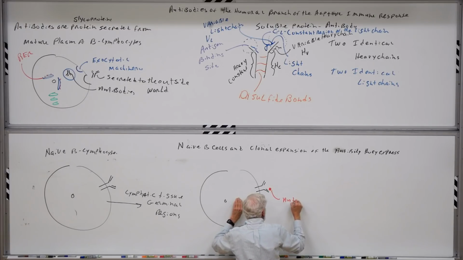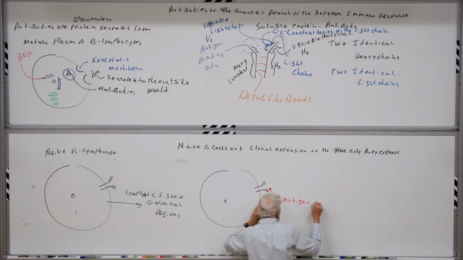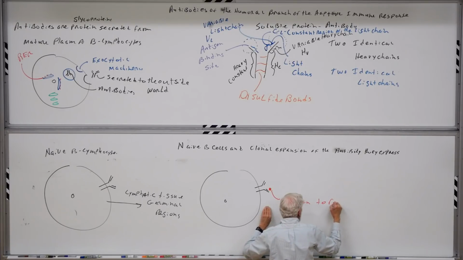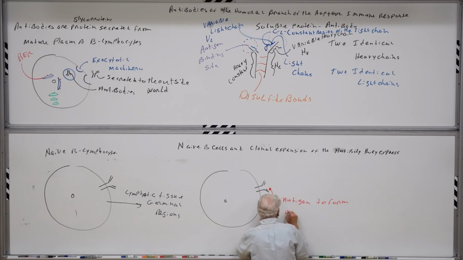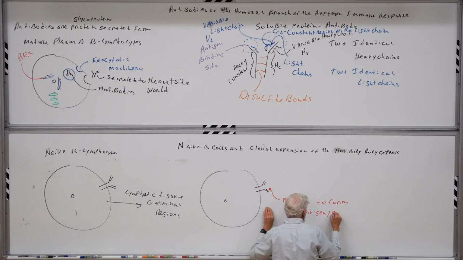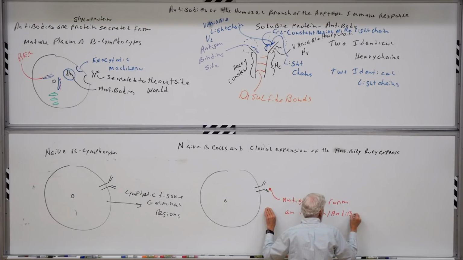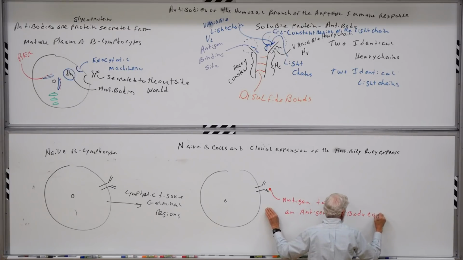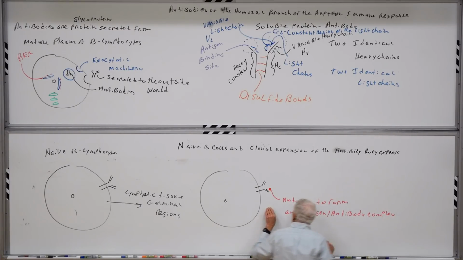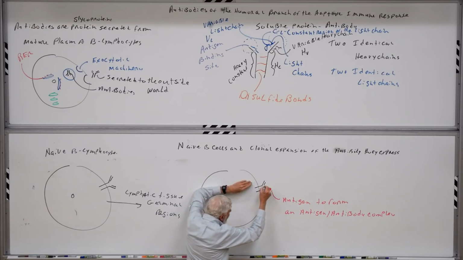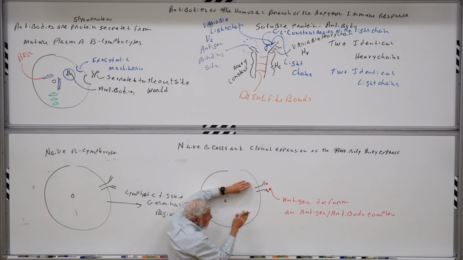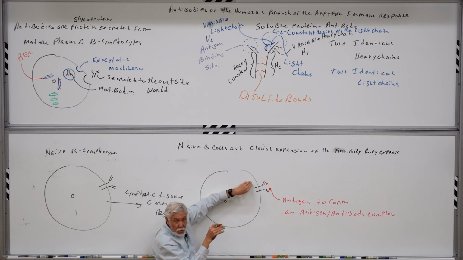But if they're in the lymphatic tissues, in the germinal regions, and the single lone cell binds to antigen to form an antigen antibody complex, the binding of the antigen to the antibody starts endocytosis, just as we saw basically for the macrophage.